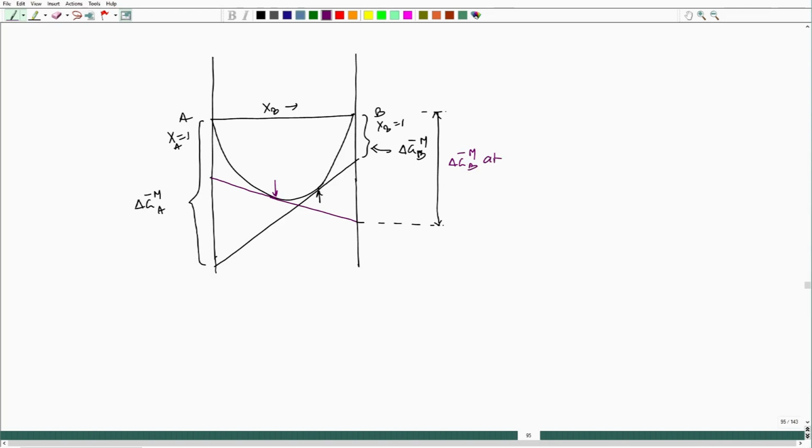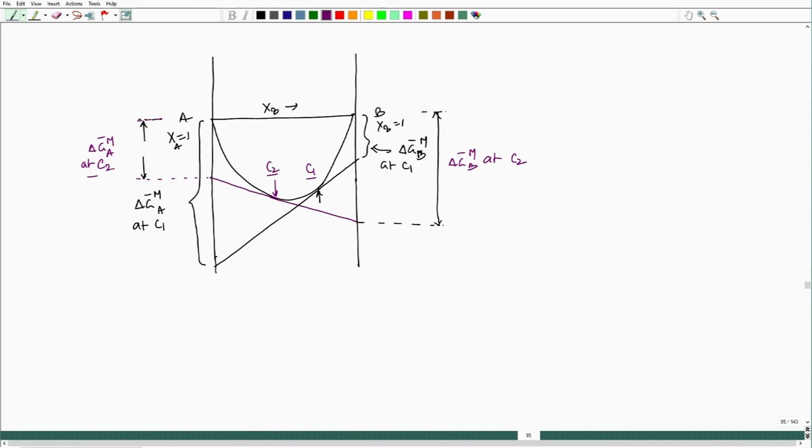At let us say these are the 2 points, let us say this is C1, this is C2, composition C2, and this is composition C1 with respect to B, x B. So, this one is at C2 and this one at C1, and then the other quantity is here at C2.